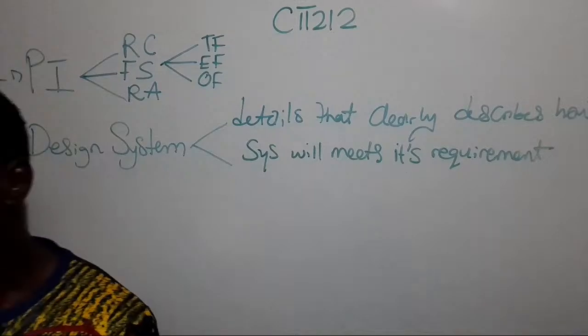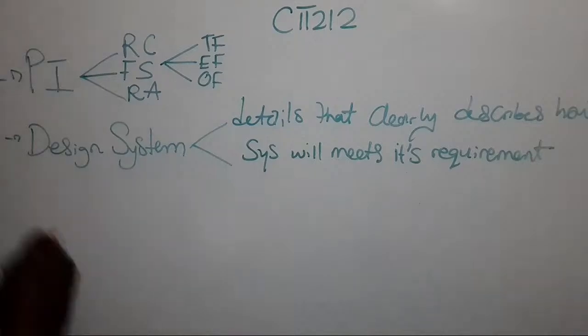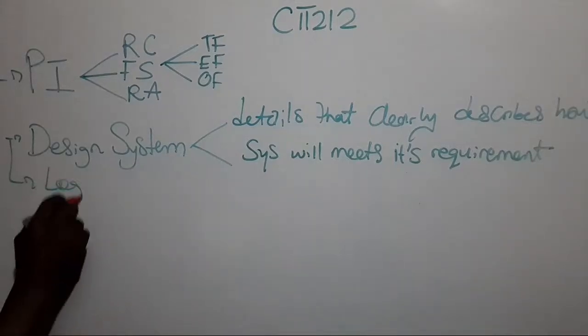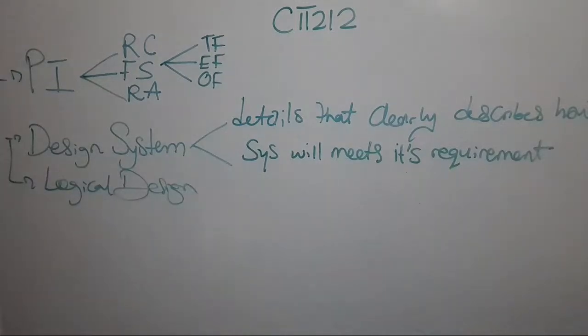Now, this is the responsibility of the system specialist. This stage is usually referred to, according to the system specialists, as the logical design, in contrast to the process of developing program software, which is referred to as the physical design.